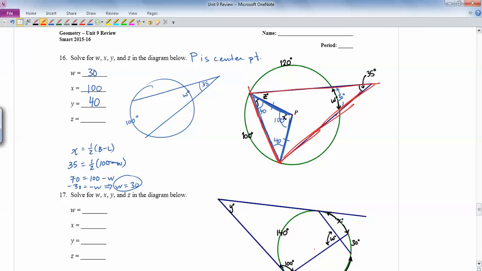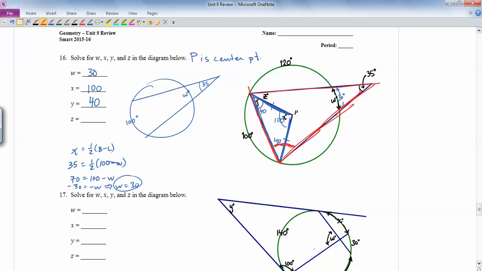This big triangle. We already know Y is 40. If I could figure out what this whole angle is, then I know that Z plus 40 plus this whole angle plus 35 has to be 180.